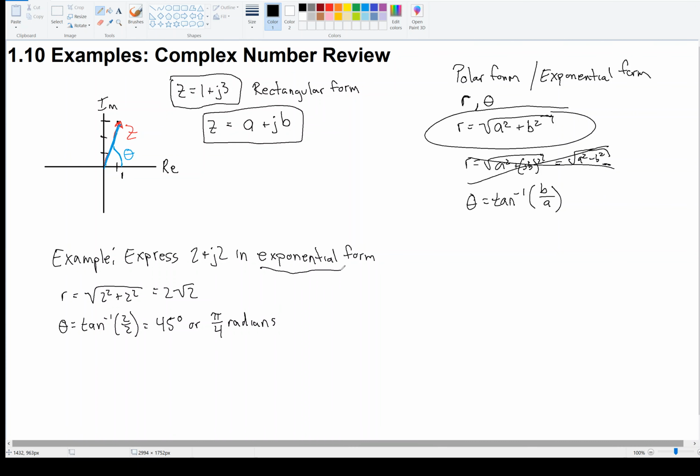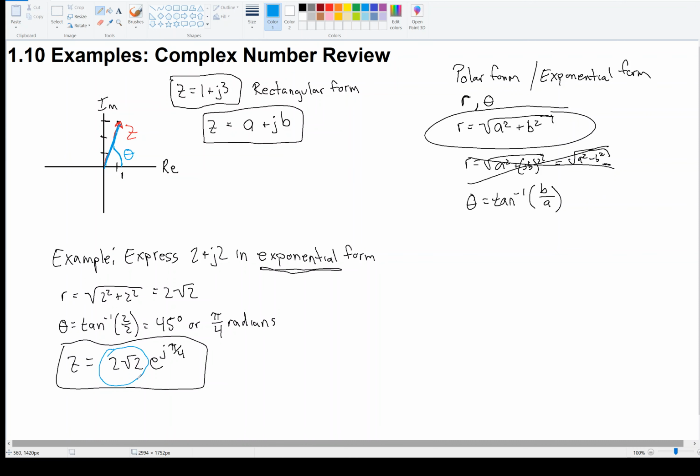Now how do we express this given those two numbers? Well, the key here is the exponential. We're going to say 2 root 2 e to the j pi over 4. That is our answer. Just take a second to figure out what's going on here.